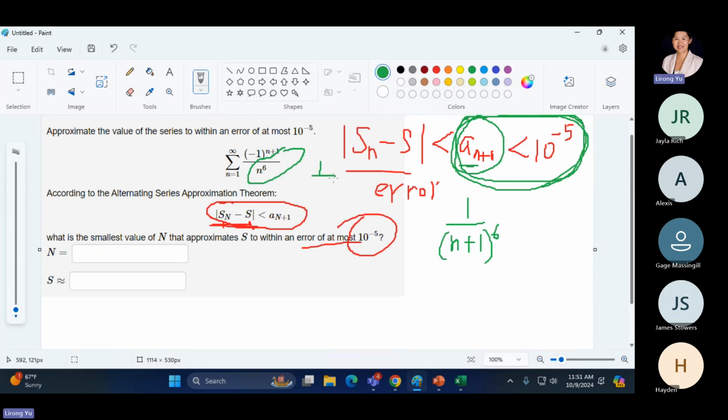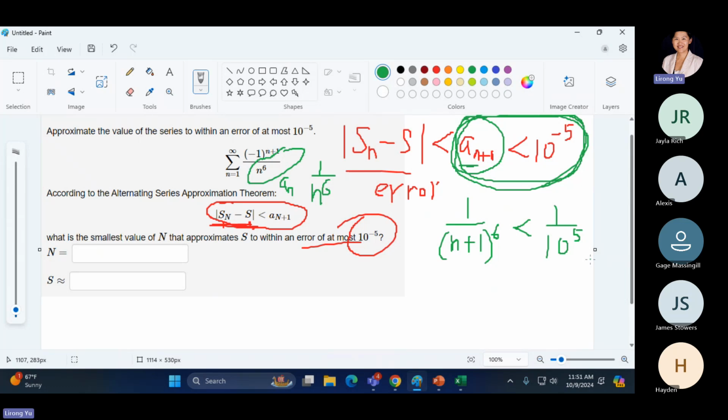That 1 over n to the 6 is aₙ, that's why aₙ₊₁ is 1 over (n+1) to the power 6. This is less than 10 to the negative 5 power, which is 1 over 10 to the 5 power. Okay, and are we okay so far?